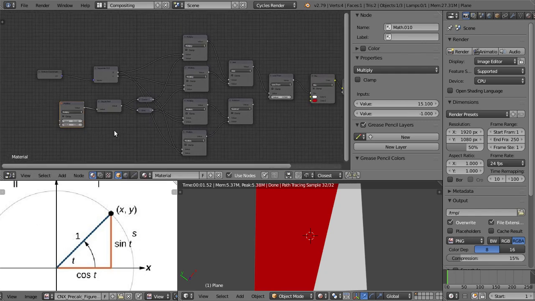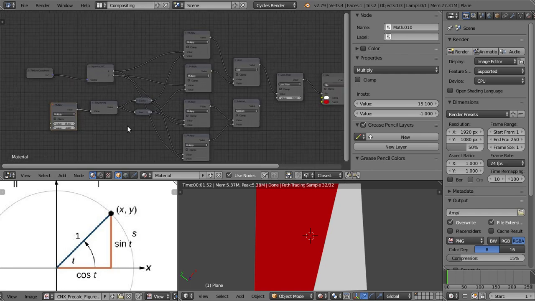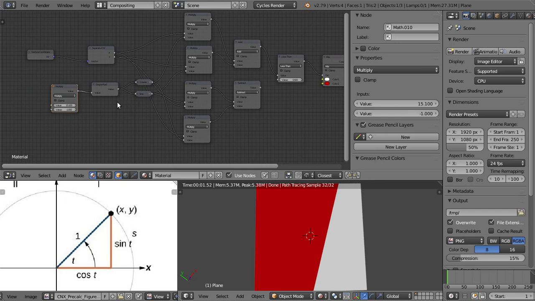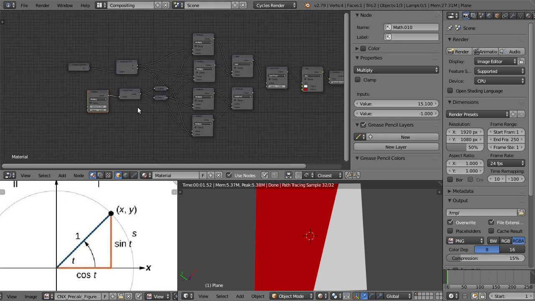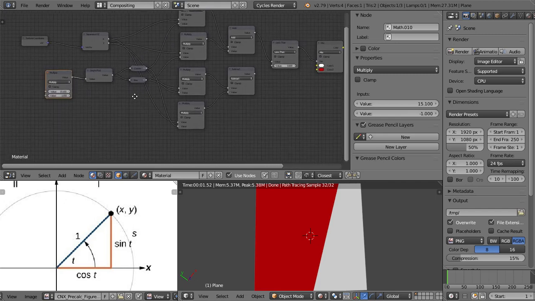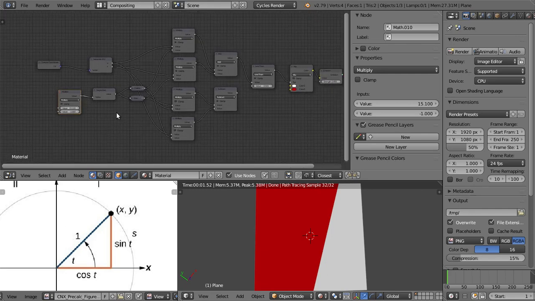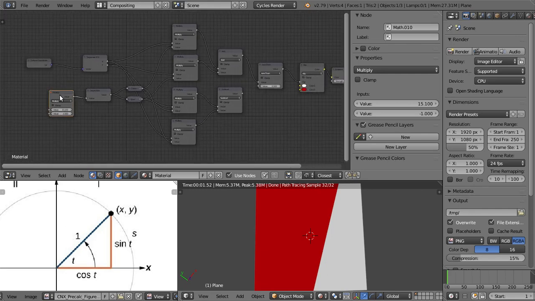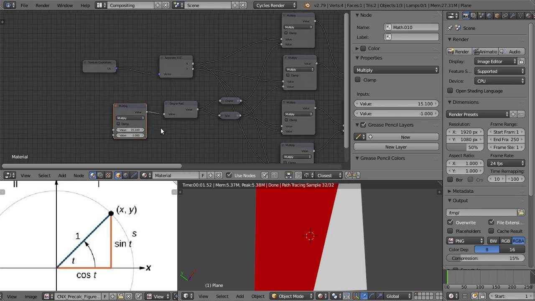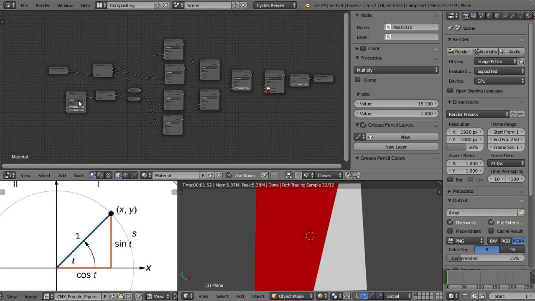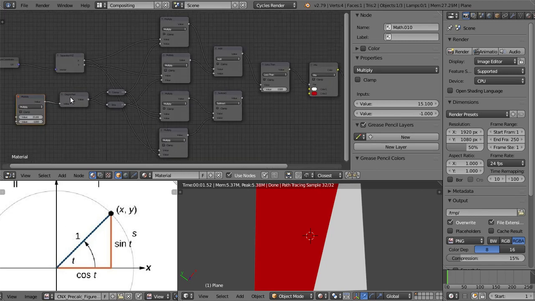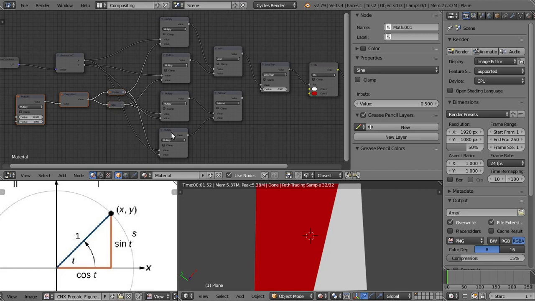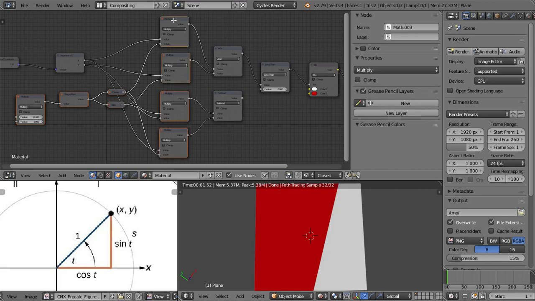And I am going to make this into a node group real quick. So what is it? Yeah. This one, that one, that one, that one. 1, 2, 3, 6.